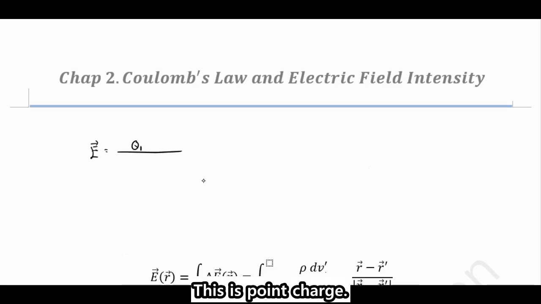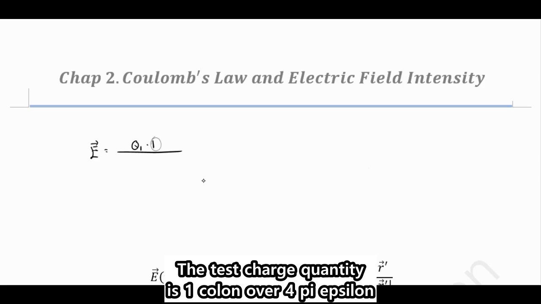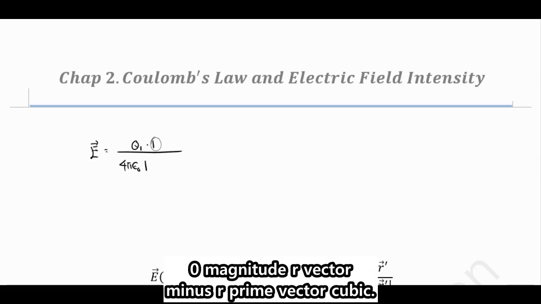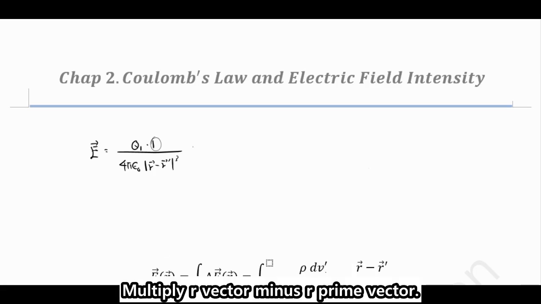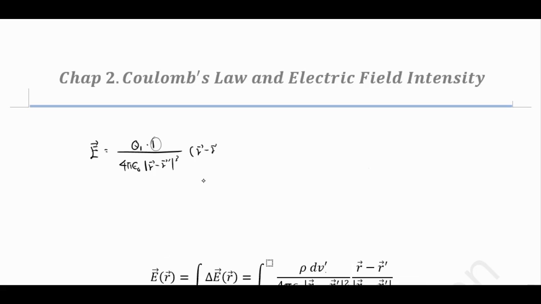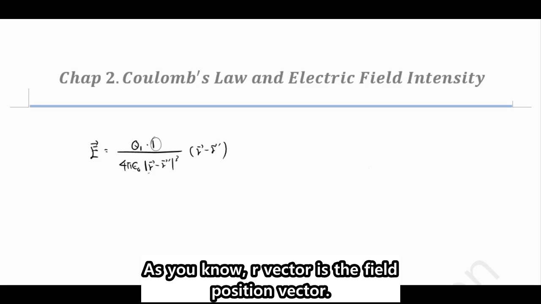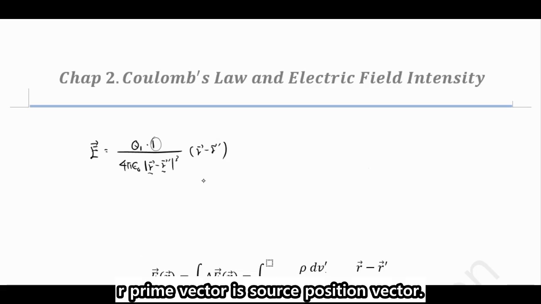is, with Q1 the point charge, the source, multiplied by the test charge of 1 coulomb, over 4 pi epsilon 0 times the magnitude of r vector minus r prime vector cubed, multiplied by the vector r minus r prime. As you know, r vector is the field position vector and r prime vector is the source position vector.